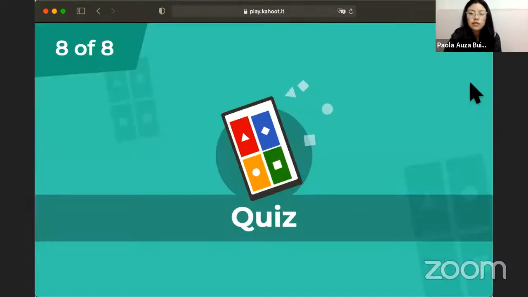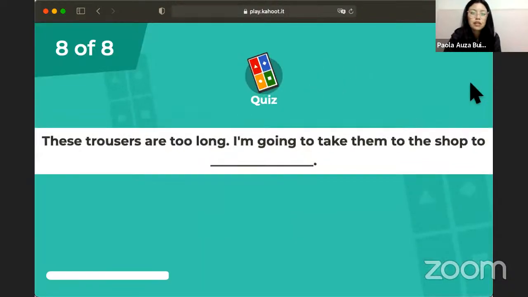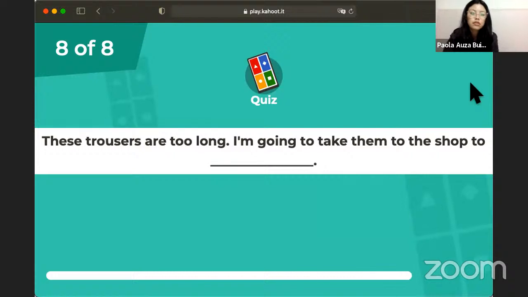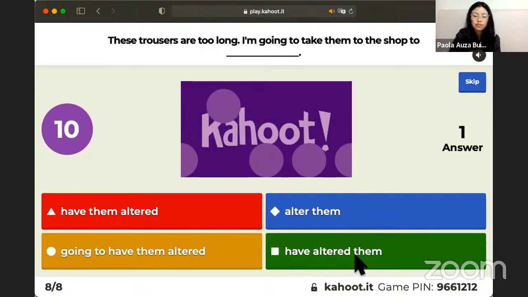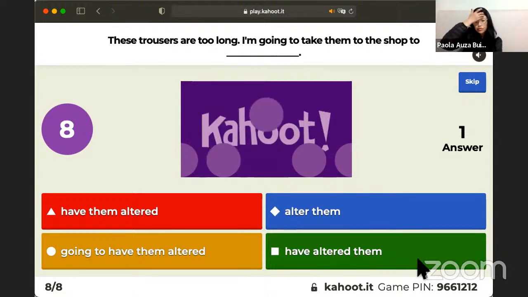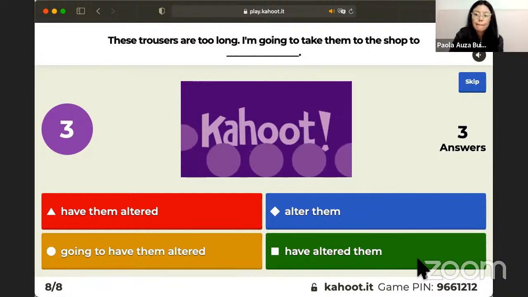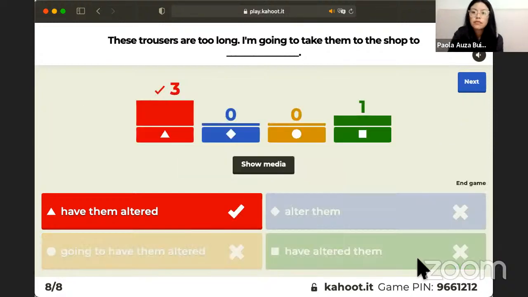All right, next. Finally, these trousers are too long. I'm going to take them to the shop to have them altered. Alter them. Going to have them altered. Have altered them. All right.